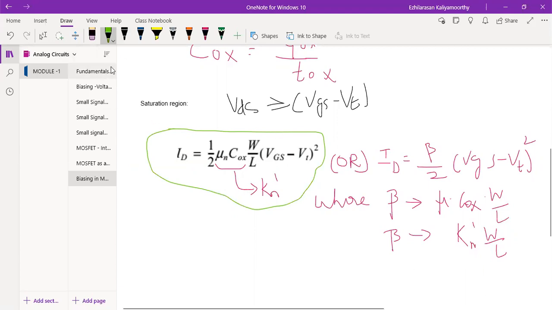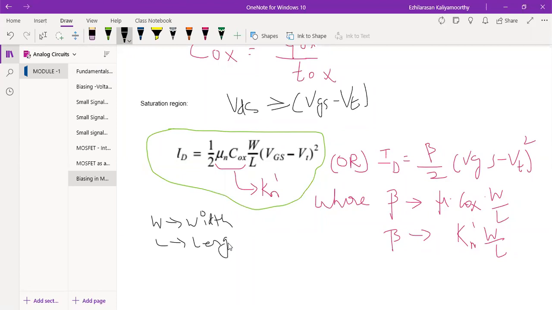The W and L is the aspect ratio, where W is the width of the channel and L is the length of the channel. Then VGS is the applied gate source voltage. Then VT is the threshold voltage.